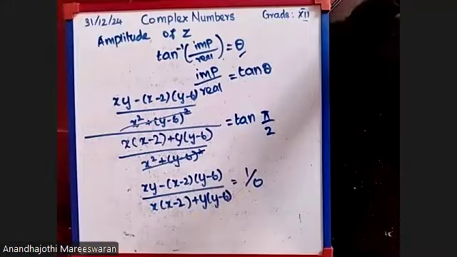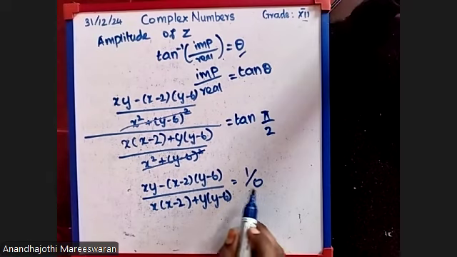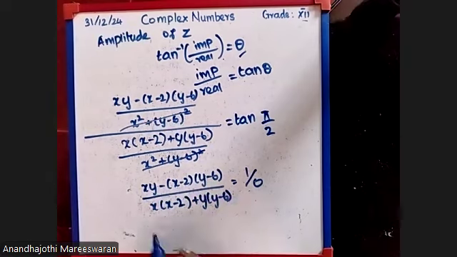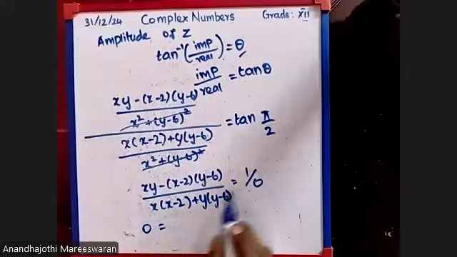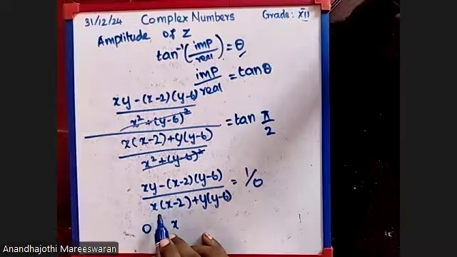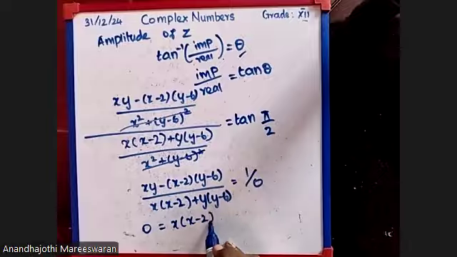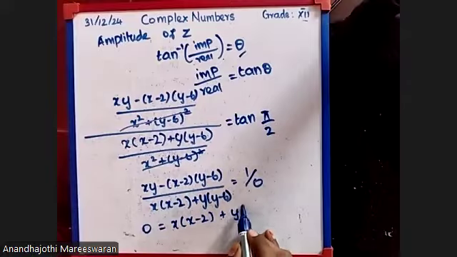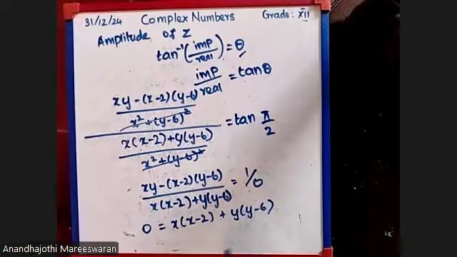Fine. Now we are going to cross multiply this. 0 into anything is 0, equals 1 into this term, so this term remains the same: x multiplied by (x minus 2) plus y multiplied by (y minus 6).